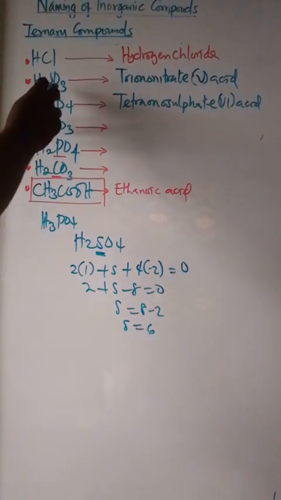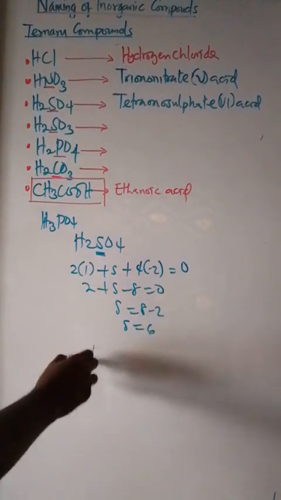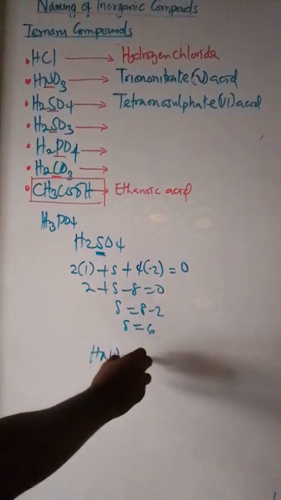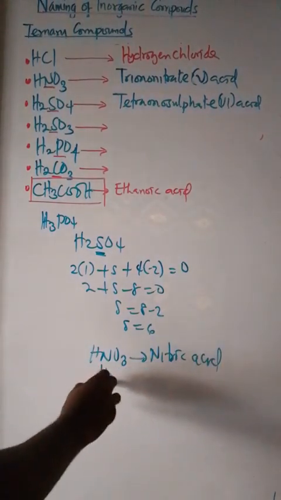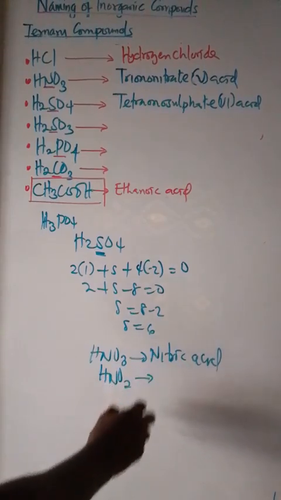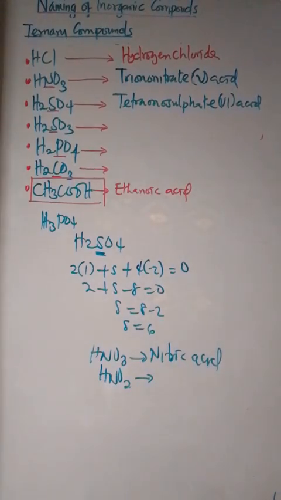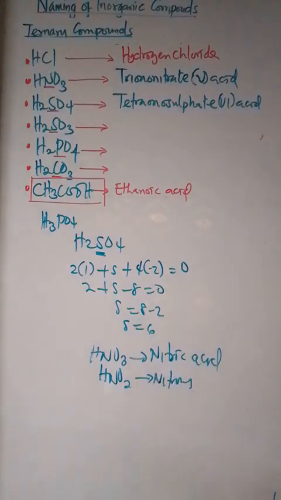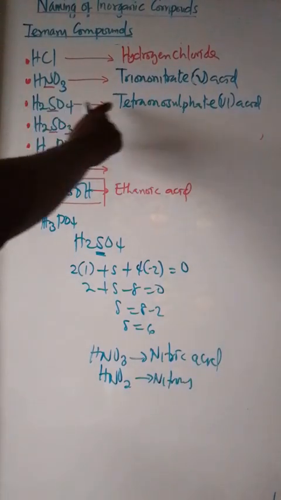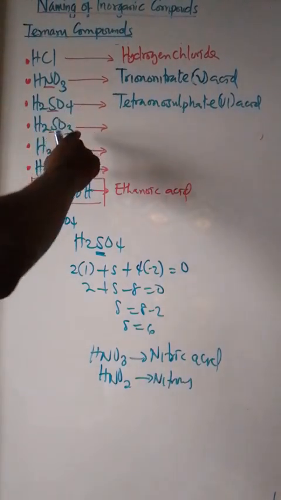So apart from HNO3, which is called nitric acid, HNO3 is called nitric acid. Then we have HNO2. We call that one nitrous acid. So nitric, nitrous, they are special names. No IUPAC name. Sulfuric acid, and this one is what? Sulfurous acid.